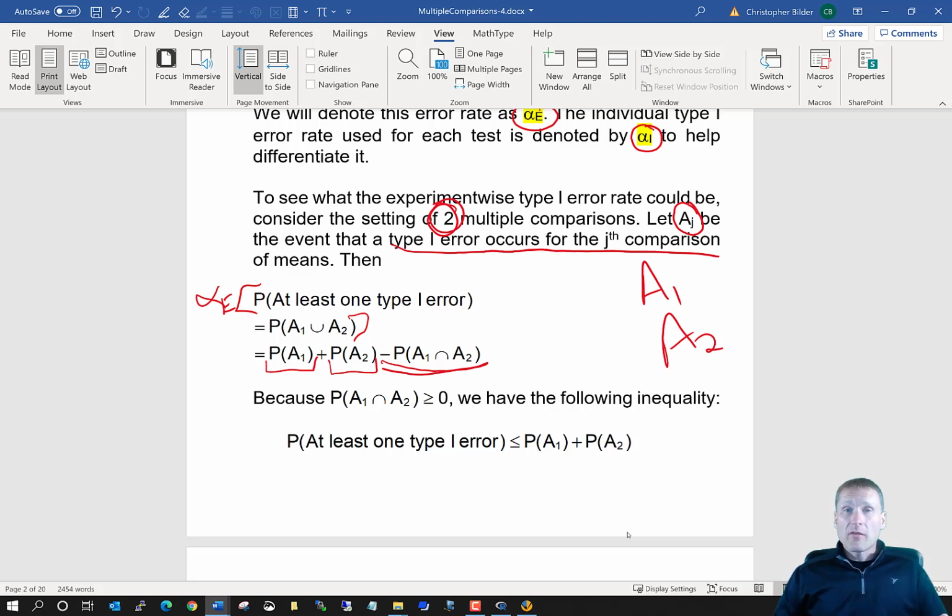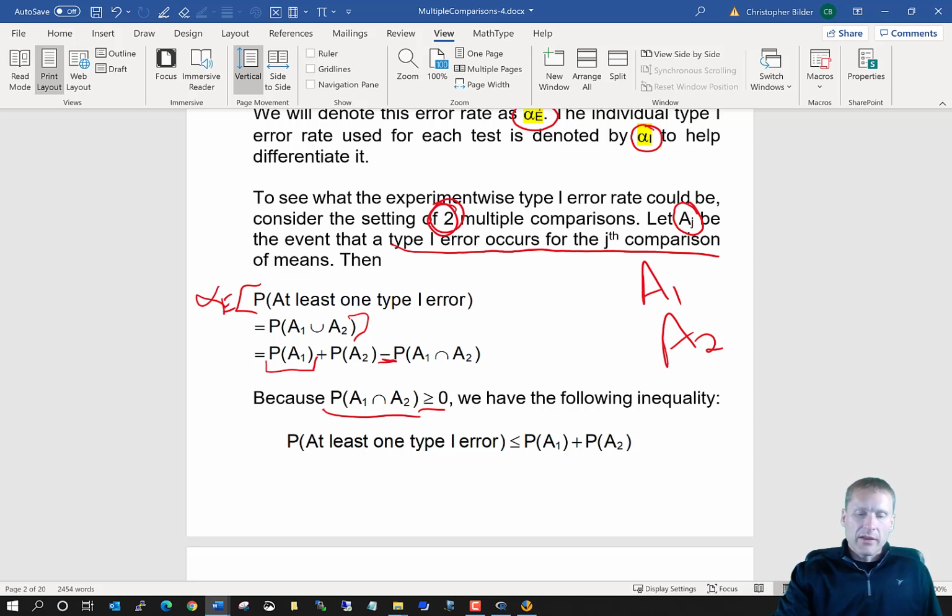Now, of course, all probabilities are greater than or equal to 0. So the probability of A1 intersect A2 is greater than or equal to 0. Because of that, let's say we just happen to ignore this part that I'm scribbling out right there. That would mean what we would have left over will be larger than what it would have been before, because we were actually before subtracting out that positive value, or 0 or positive value.